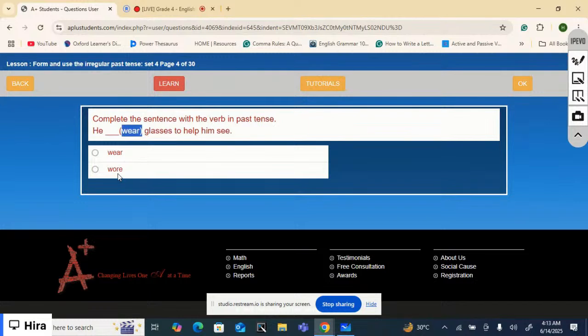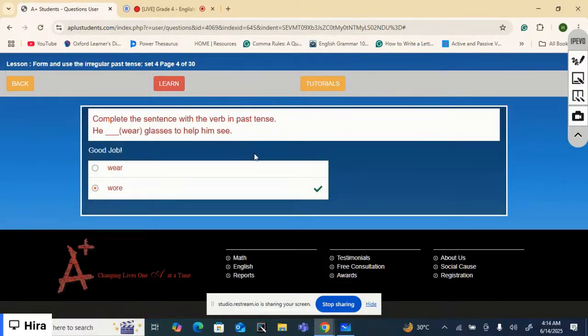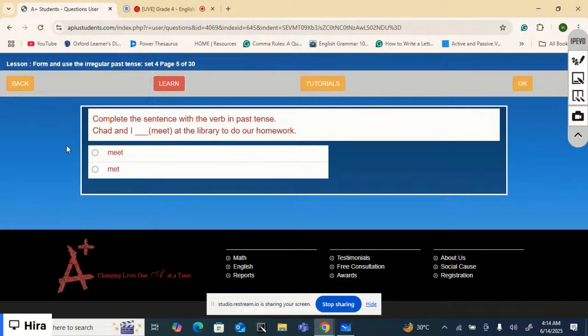Yes, it is. Wore. He wore glasses to help him see. Good job. This is correct past tense verb of wear. Chad and I blank at the library to do our homework. The verb is meet, so you have to complete the sentence with a verb in past tense. Is it meet or met?